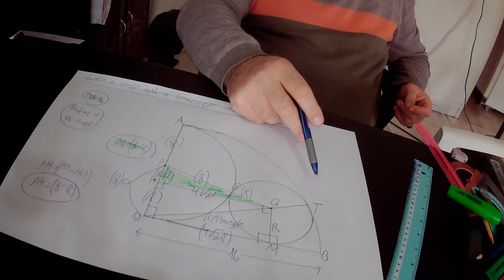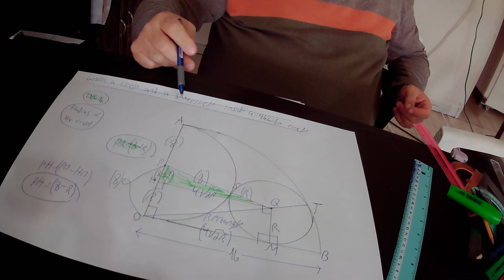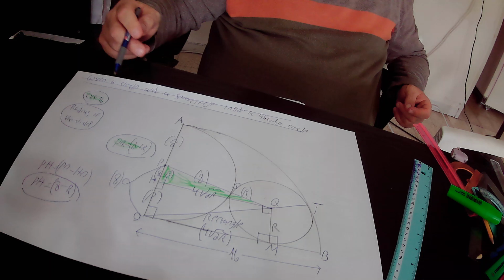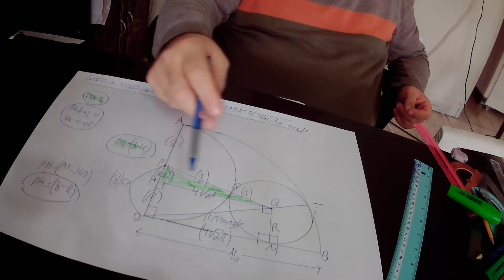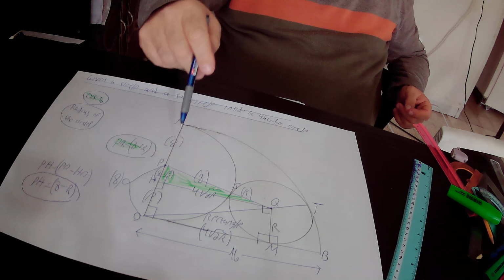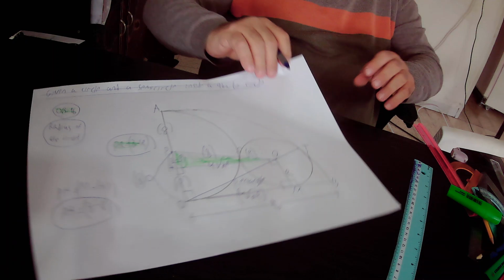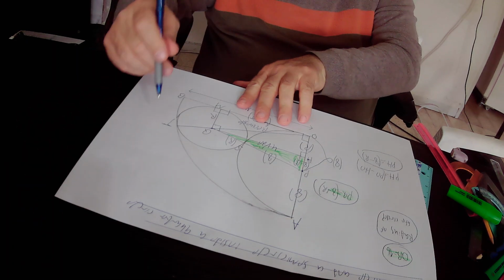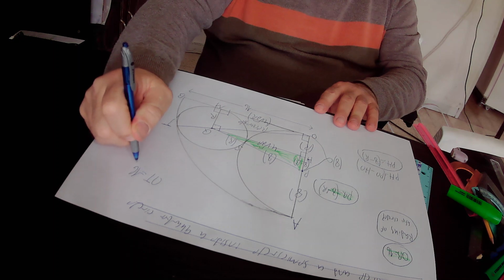Therefore, OT is the radius of the quarter circle. And you know it is given in the question that the radius of the quarter circle equals 16 units. Therefore, OT is the radius of this quarter circle that is equal to 16 units in its length. So I write it down. OT equals 16 units in its length, the radius of the quarter circle.